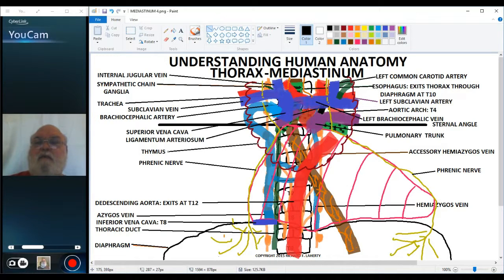And if the thymus is absent in a child, the immune system fails to develop. And it's the one that was made famous in an old movie called The Boy in the Bubble. The individual has no defenses.